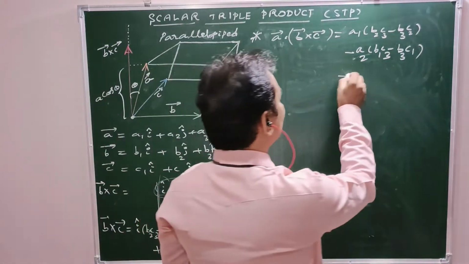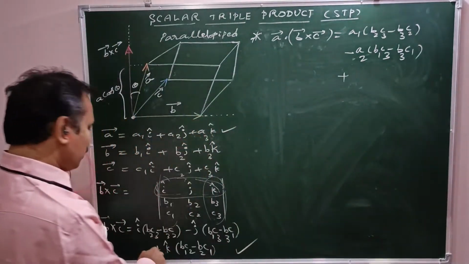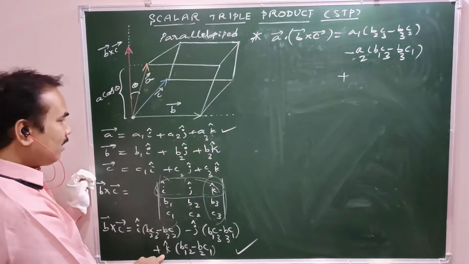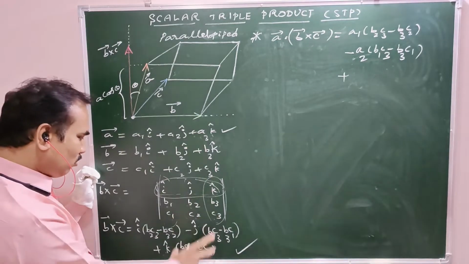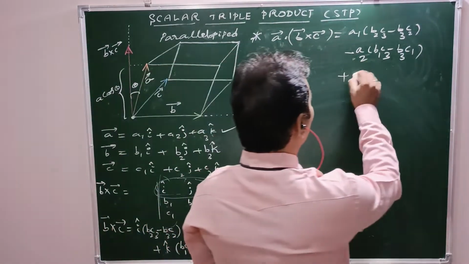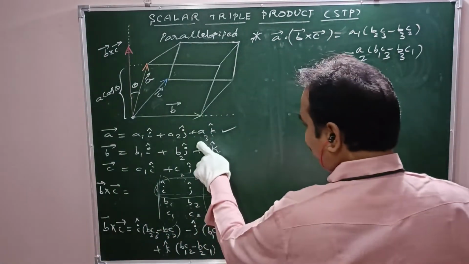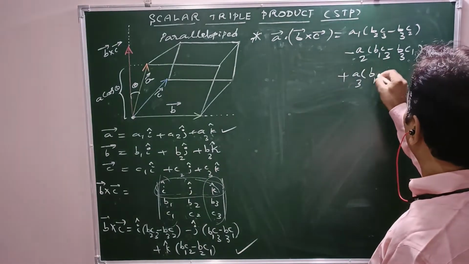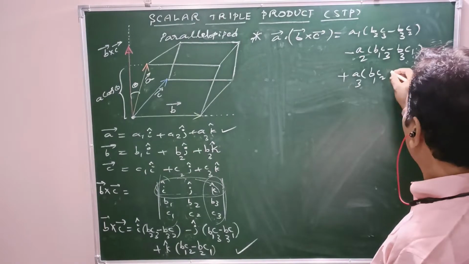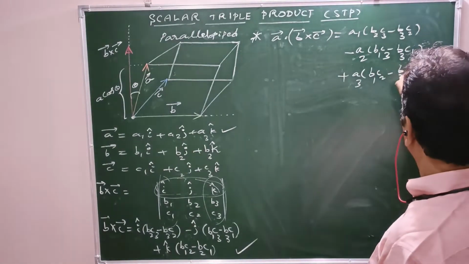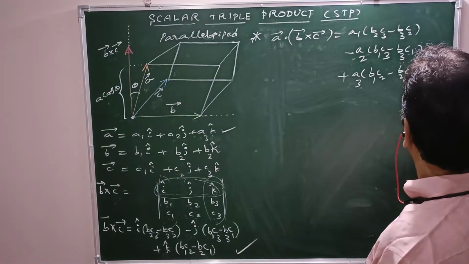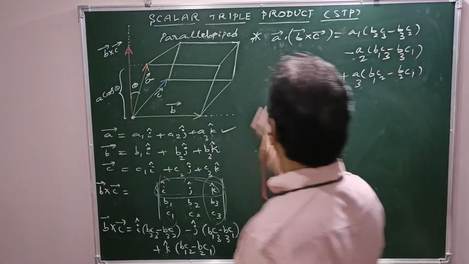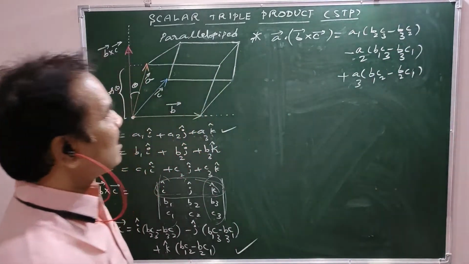That is plus into plus, k dot k is 1, into A3 into this one. That is A3 multiplied by the last term, that is B1C2 minus B2C1. See, this is what A bar dot B bar cross C bar.